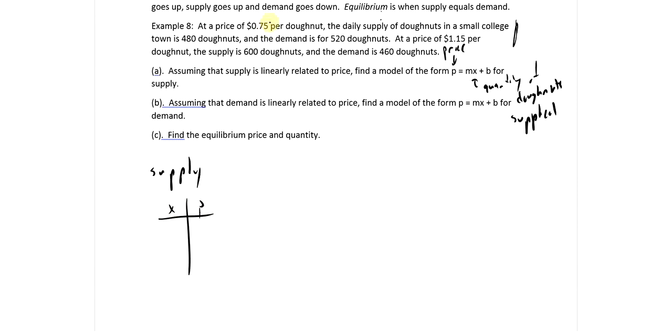Well, when the price is 0.75, the supply is 480. And when the price is 1.15, the supply is 600. And what do we want? P equals mx plus b. We need slope, we need y-intercept. 2 points, we can find the slope.